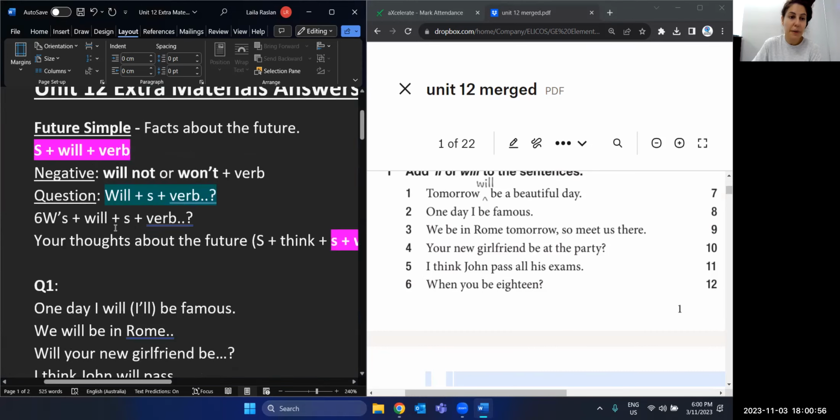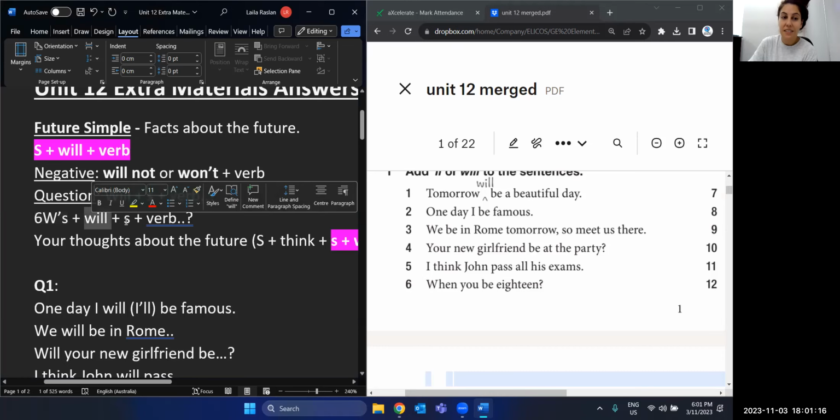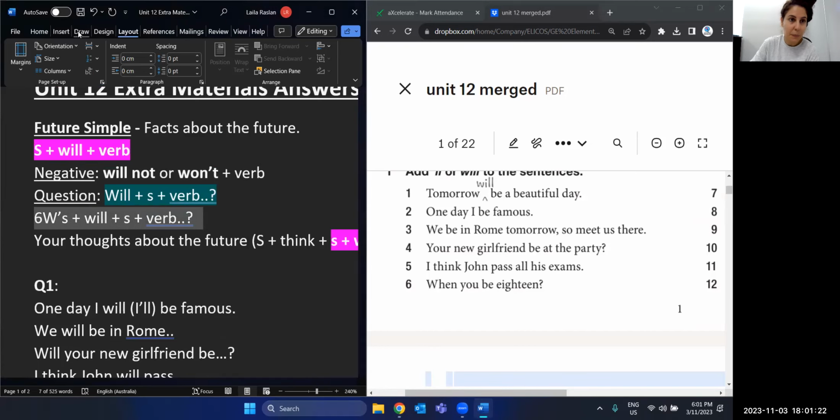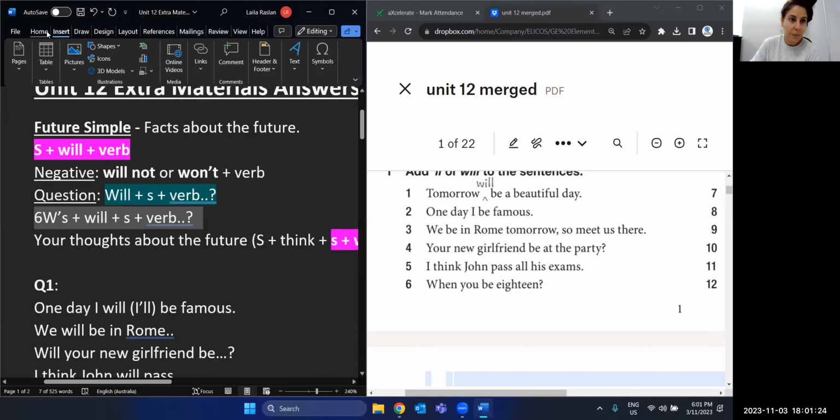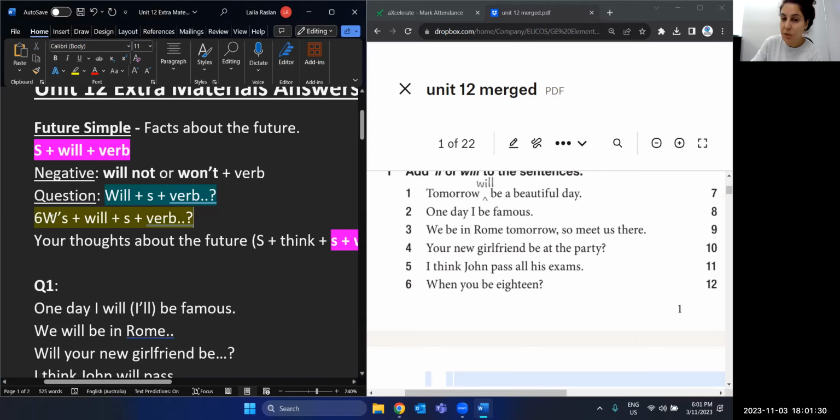Number 6, it's a question. When, it's a question, but if we start with one of the 6 W's, like where, when, why, which, then we put that before the will. No. When will you be 18? So you got to follow this rule here. So the rule is you put the 6 W's first: when, why, where, will, subject, verb.